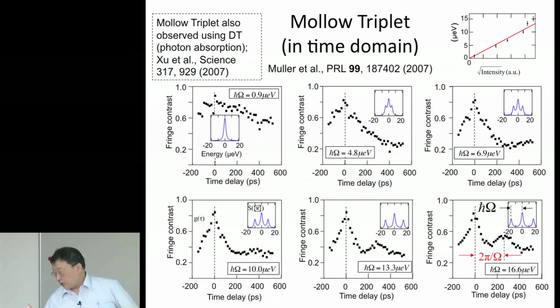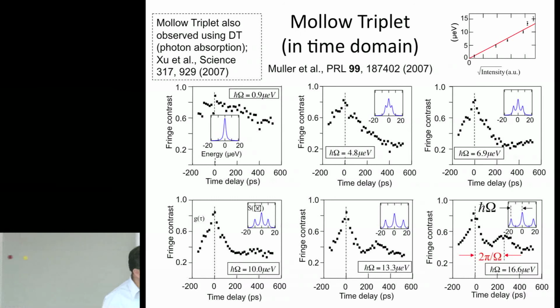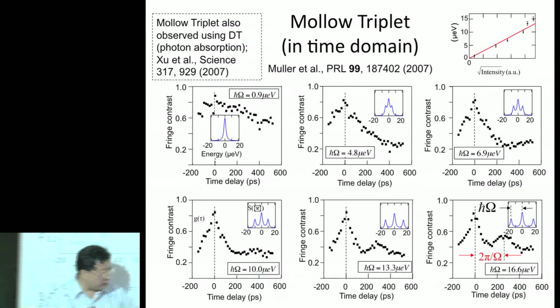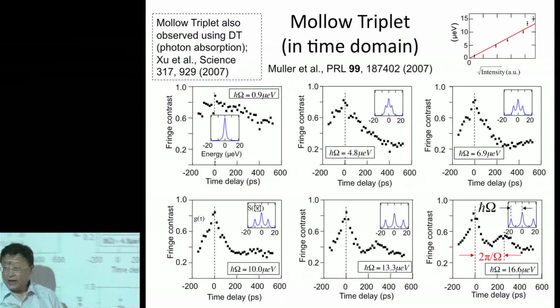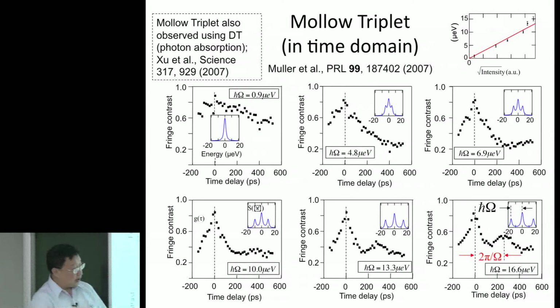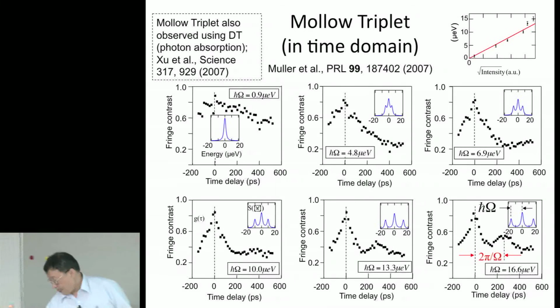And the first order correlation function, so what we did is now we can see this interference amplitude, this envelope, indeed goes through this modulation. Then if I fit this with an analytical function and then make a Fourier transform back, then indeed it will correspond to the Mollow triplet.